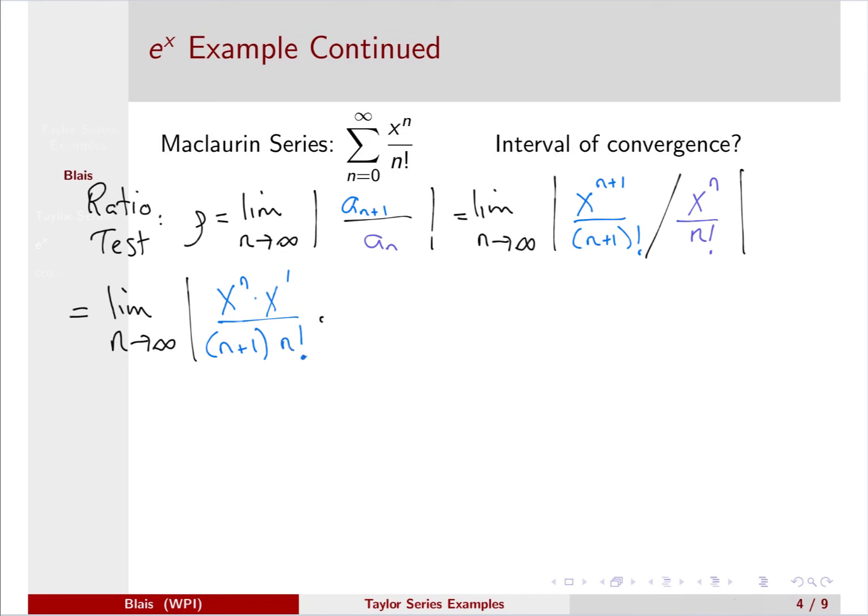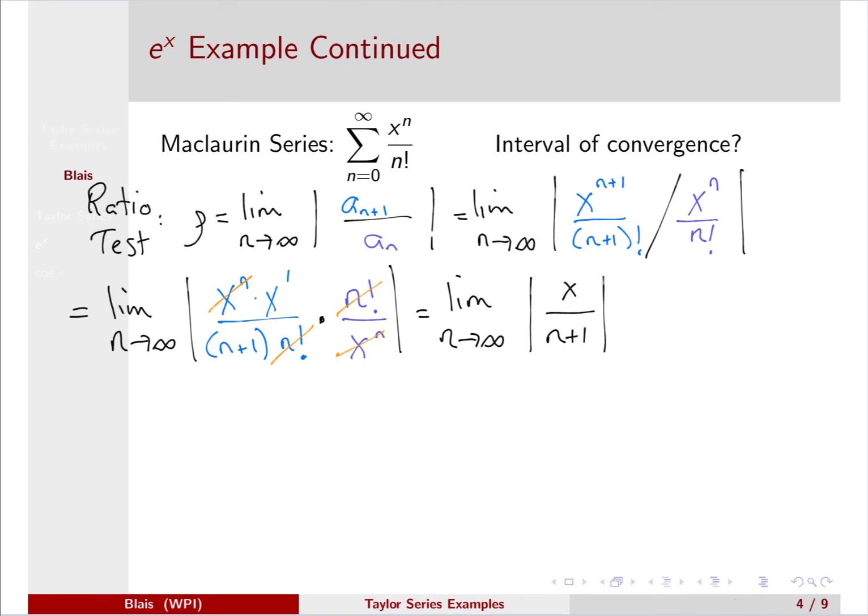And then dividing by this nth term is the same as multiplying by its reciprocal, n factorial over x to the n. And we see the n factorials cancel and the x to the n's cancel. We are left with the limit as n goes to infinity of the absolute value of x over n plus 1.